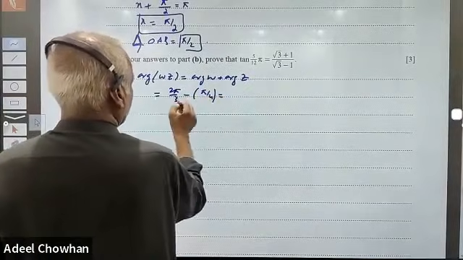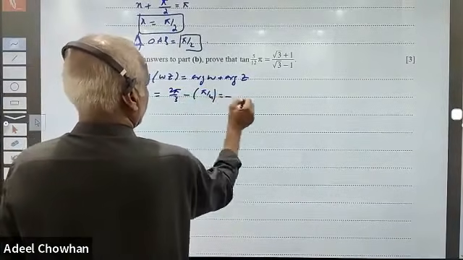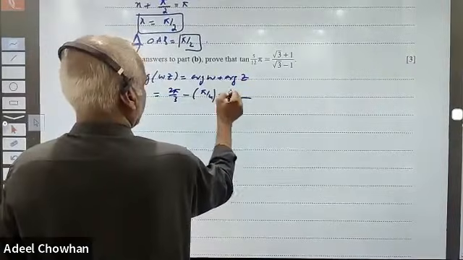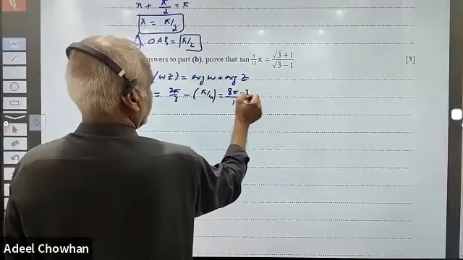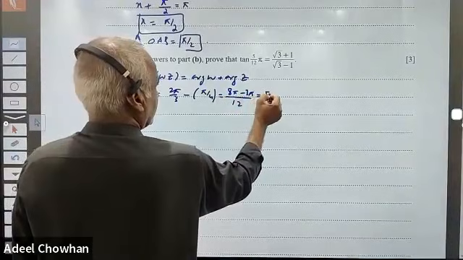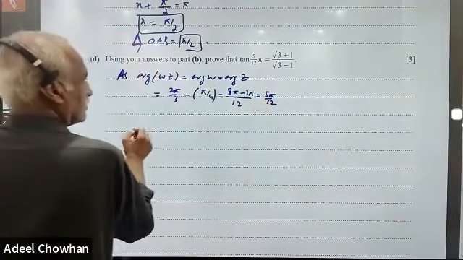And that thing is equal to, 12 is the LCM, 8 pi minus 3 pi, that is 5 pi by 12.